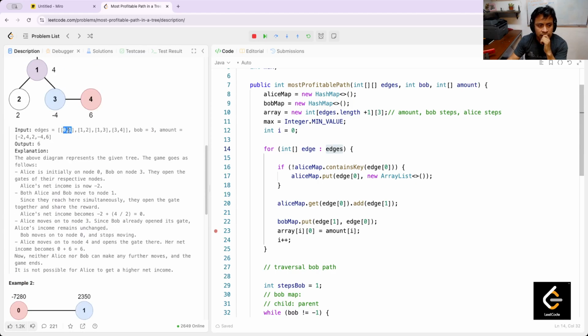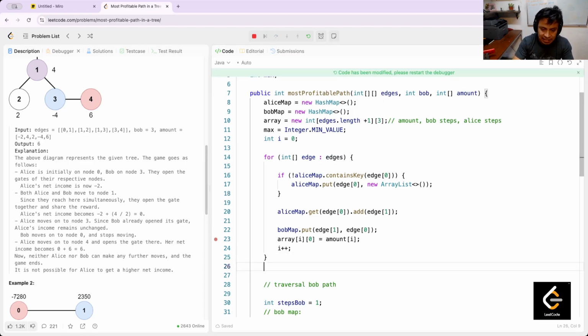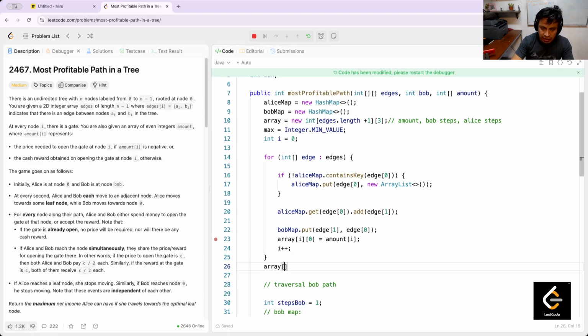Here, how many 8? 0, 1, 2, 3. I need to add the last array in the index, in this case, an array of length 1 in the index 0, it's equal to amount in the index amount dot length, this one, essentially the last.